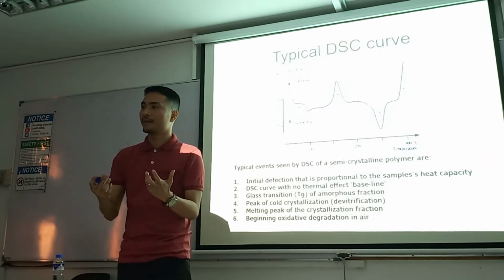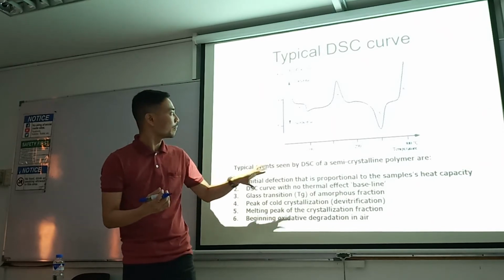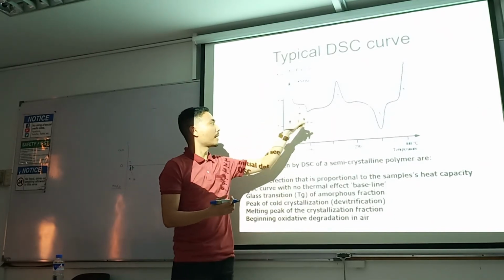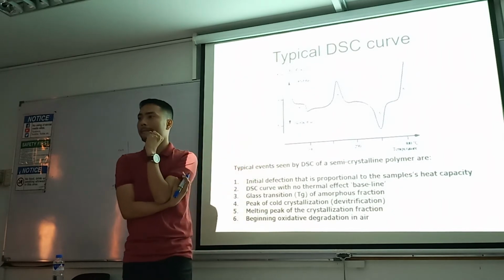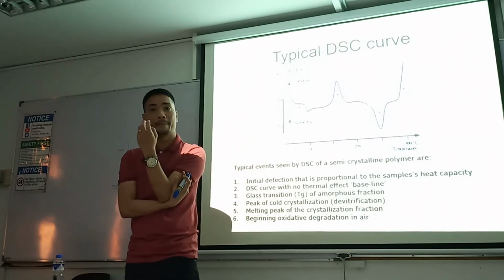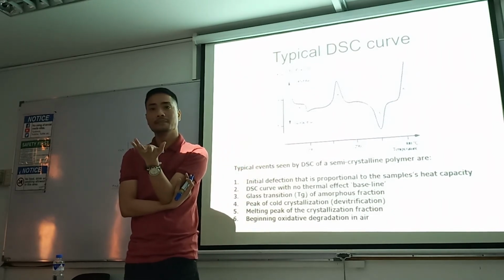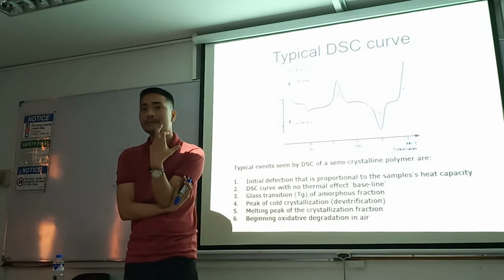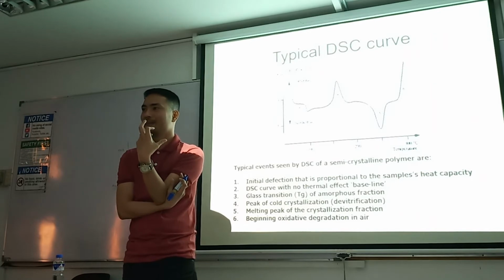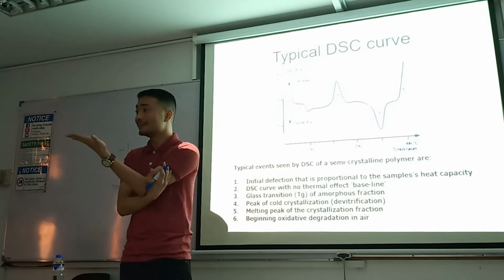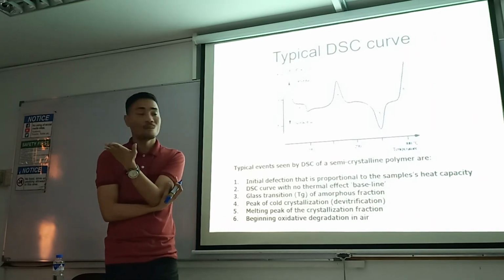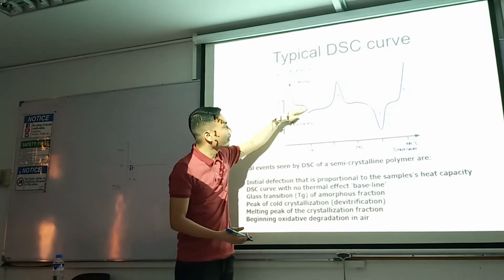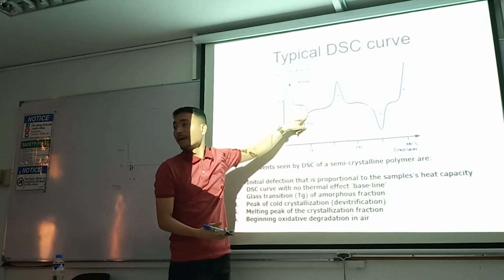Bakit mas malaki yung area sa melting peak compared dito sa glass transition stage natin? Mas maraming crystalline. Mas maraming heat na kailangan? Nag-break yung bonds.